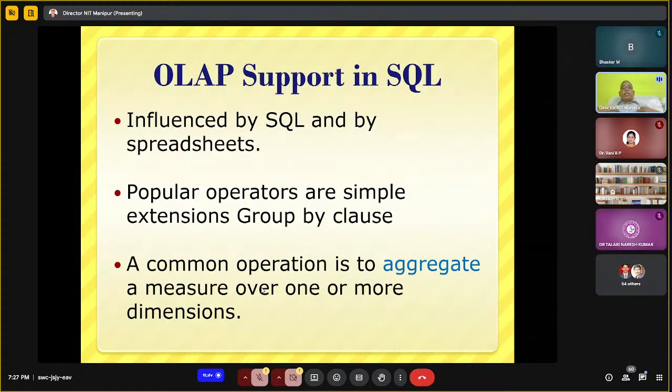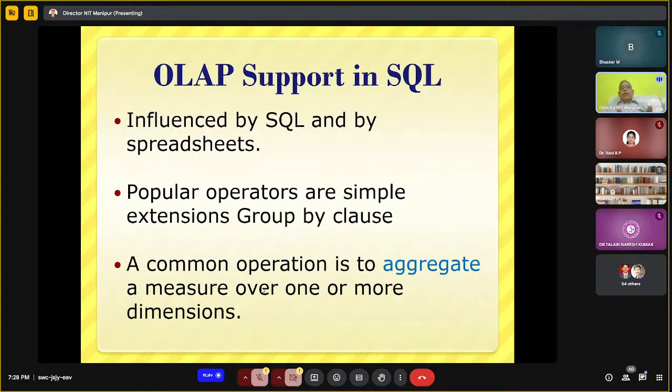So that influence is there here. OLAP has the power of spreadsheet and the power of SQL. Spreadsheet power is also embedded here. In SQL we store data. In spreadsheet also we store data. But the size of the data stored in a spreadsheet is very limited. You cannot scale it up. Whereas in databases, the sky is the limit. Data size can be scaled up in a big way.